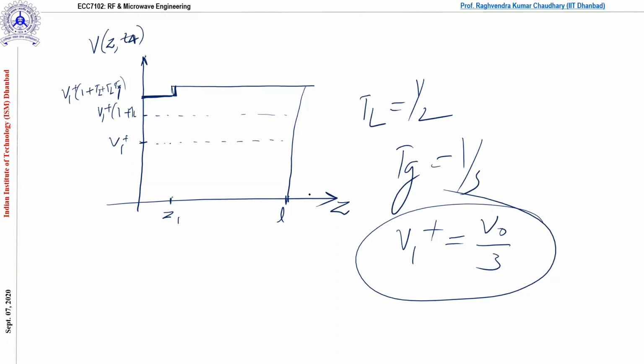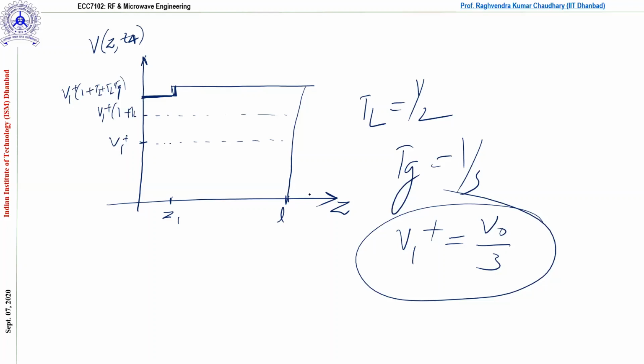Now, what I'm expecting from your side is that you please do the current reflection diagram, having the same values, gamma L is equal to 1 by 2, gamma G is 1 by 3, and V1 plus is V0 by 3. So this is all correct.